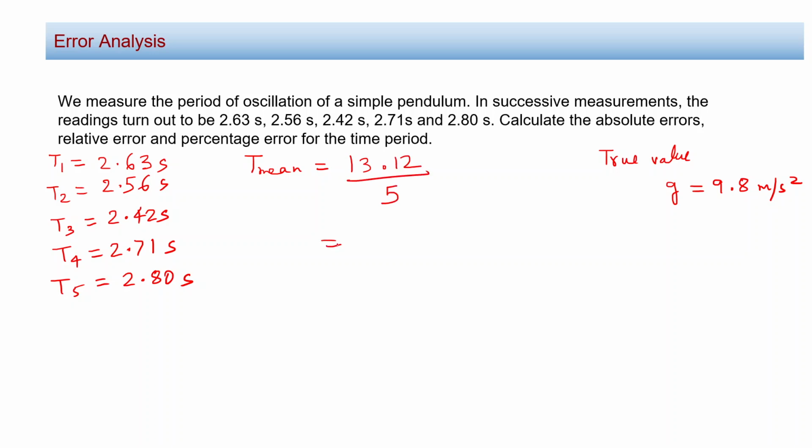So this will give us 2.624 seconds. Now there is one thing also, we'll round it off to 2 decimal digits. This is because the significant figures that we keep in our final result are also not randomly decided. It also has some rules.